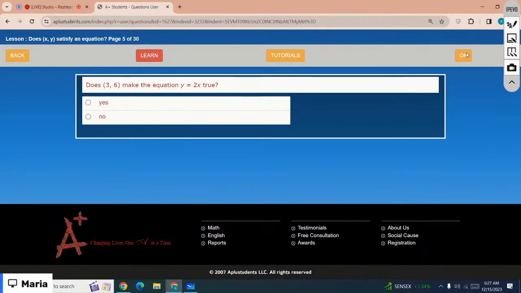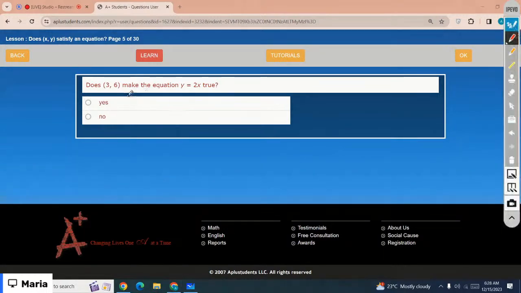The point (3, 6) is the solution of the equation, yes or no? The correct option is yes, it is the solution. You can see the point x is 3 and y is 6, right? So y equals 2x. Just replace the variables with the values, x is 3, y is 6. 6 equals 2 times 3, and 2 times 3 equals 6. So 6 equals 6. So yes, it is the solution. The correct option is yes.